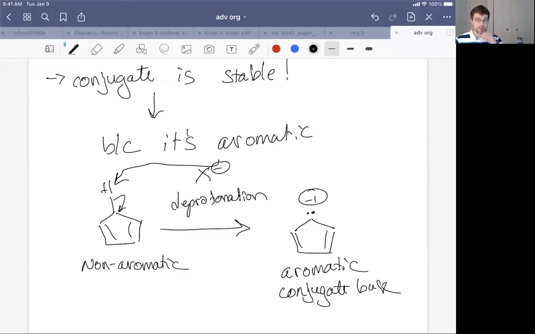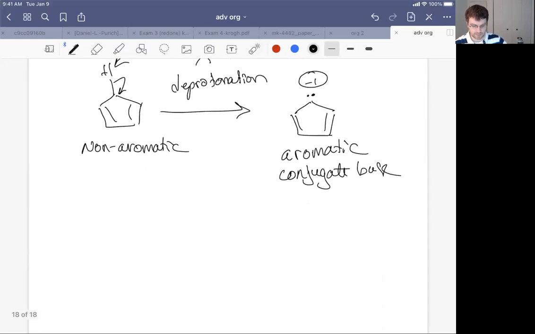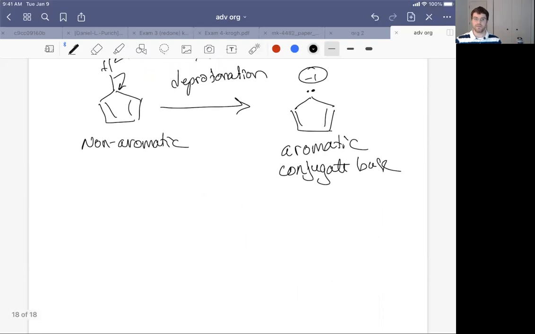So using resonance structures, we were able to see that the cyclopentadiene anion was aromatic. And that allowed us to see why the cyclopentadiene reacts with a base more readily than a typical carbon-hydrogen bond would.